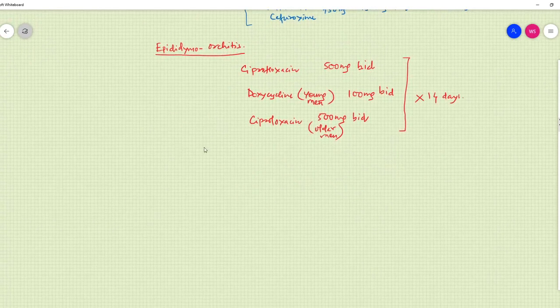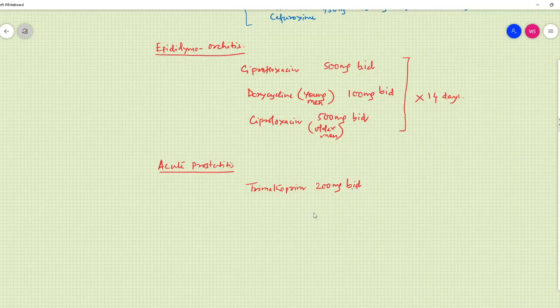The other infection that is seen in males is acute prostatitis. The drug of choice would be trimethoprim, 200 milligram BID, twice daily.